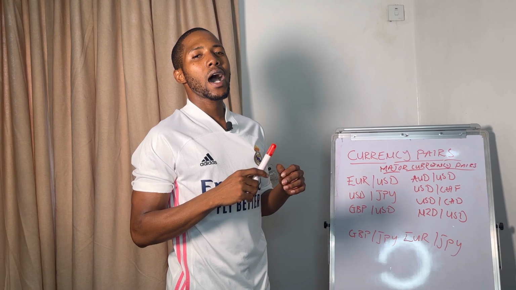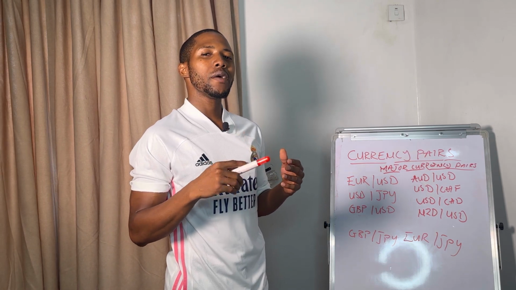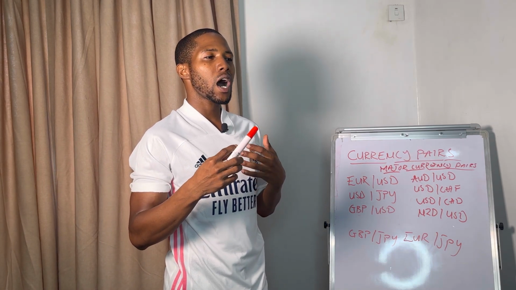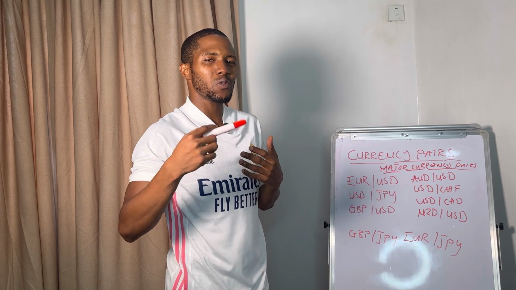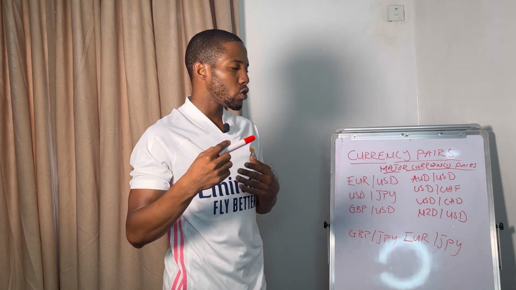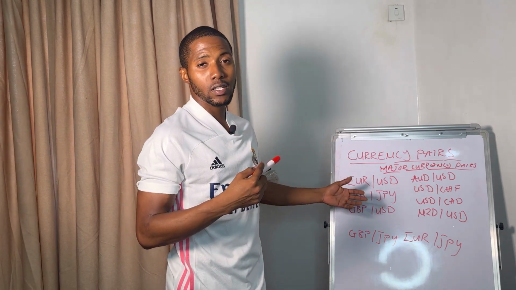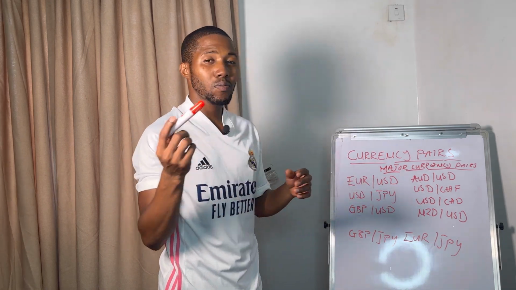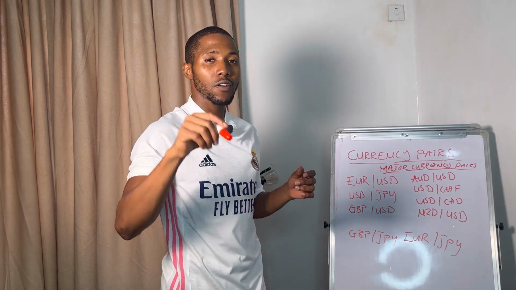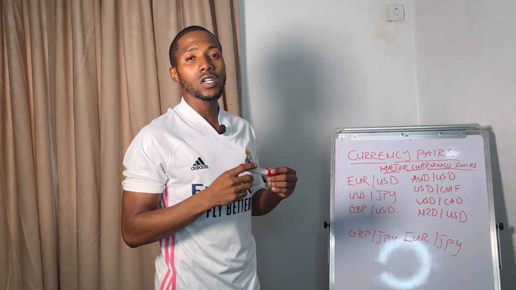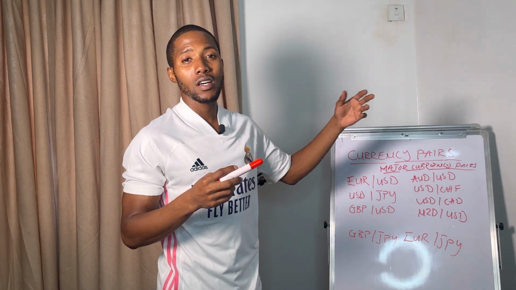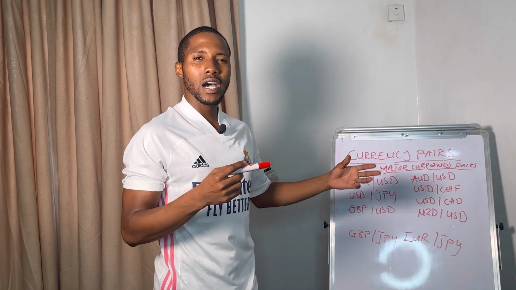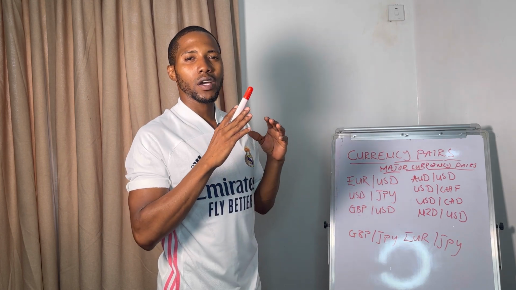Exotic pairs are from emerging economies that haven't grown to be major economies, but they are growing. For example, the United States dollar might be paired with the Mexican peso, the South African rand, or the Saudi Arabian riyal. These are exotic pairs.